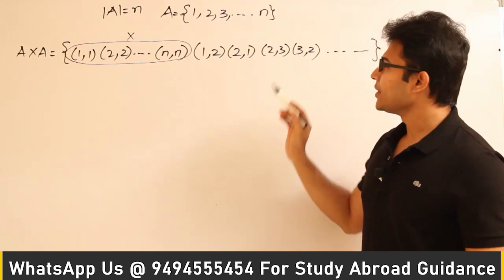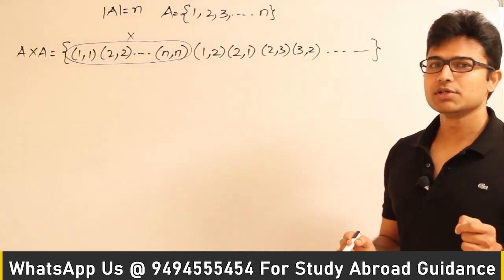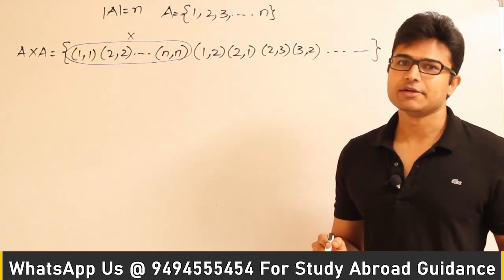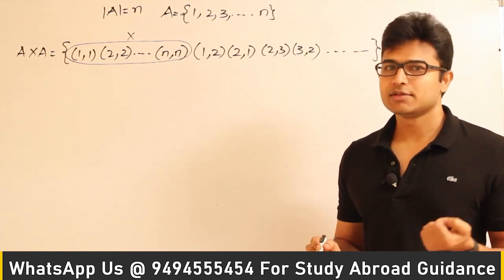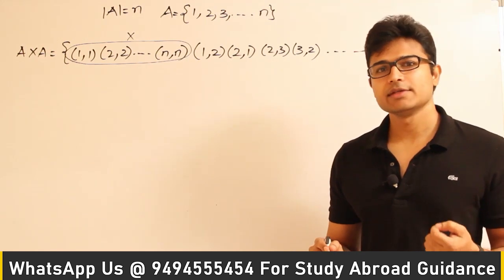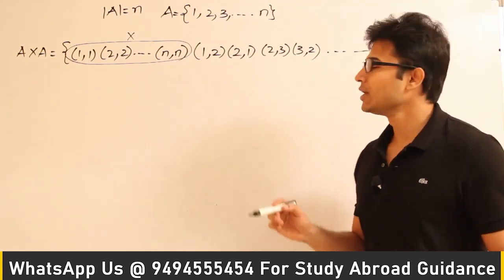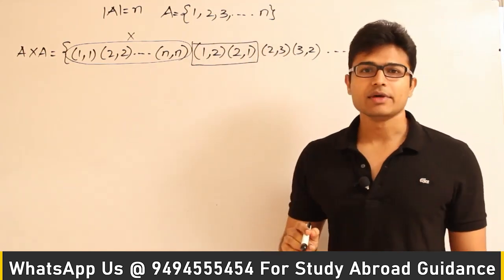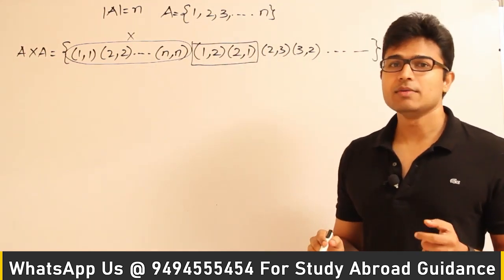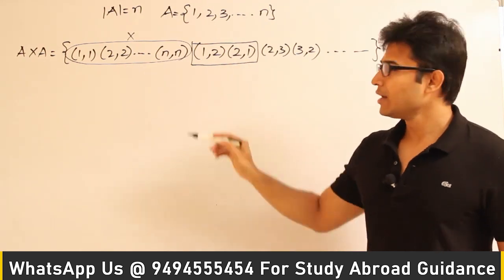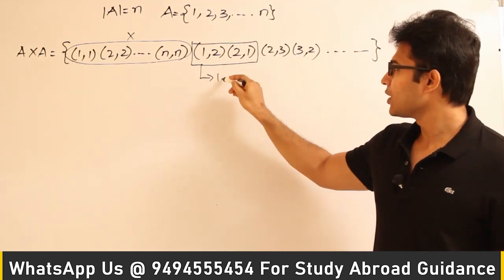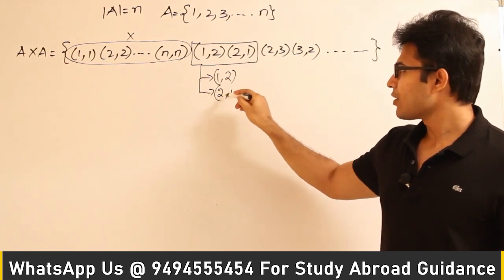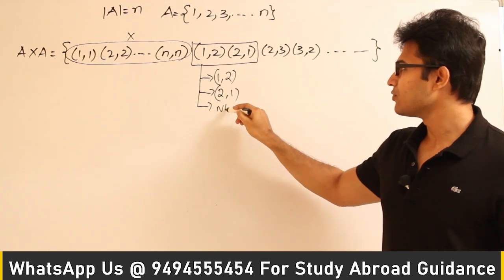Now coming to the remaining, we are not supposed to include two symmetric pairs into the asymmetric relation. Why? It violates the rule. So what is the rule? There should not be any symmetric pairs in an asymmetric relation, which means from each pair we may include only one of them. Either you include (1,2) or you include (2,1), or you may include none of these.